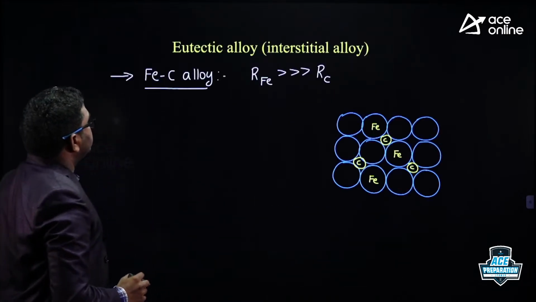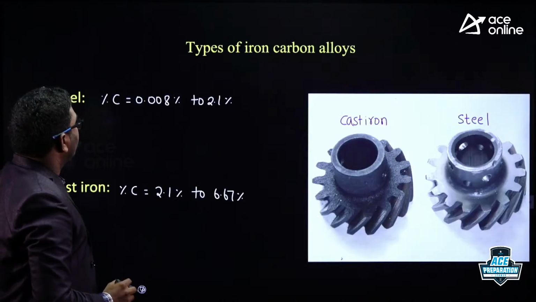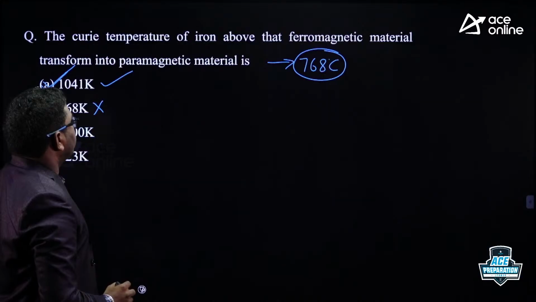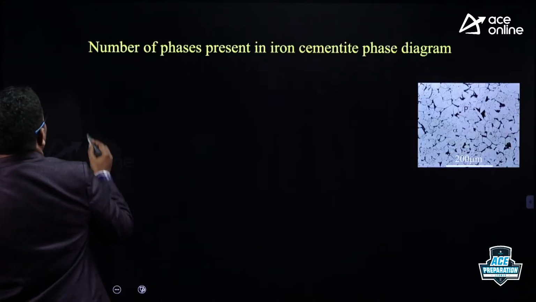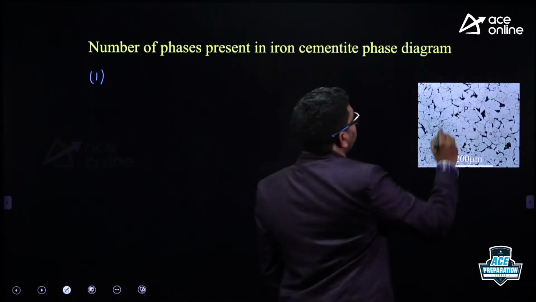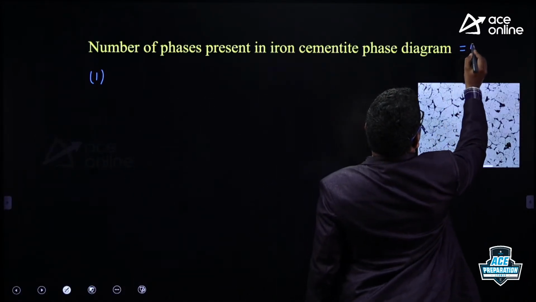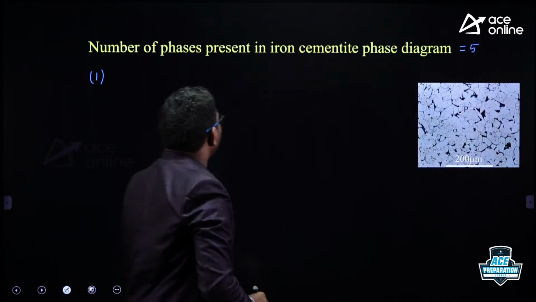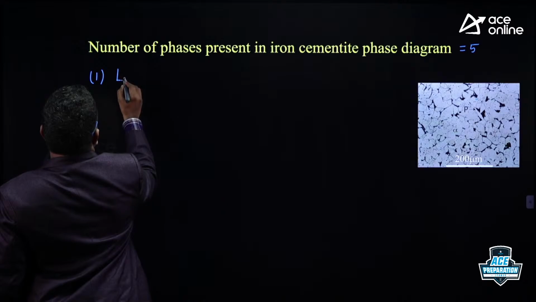Now I'll write these points here. The number of phases present in iron-cementite phase diagram: remember, there are 5 phases. One is actually a liquid.